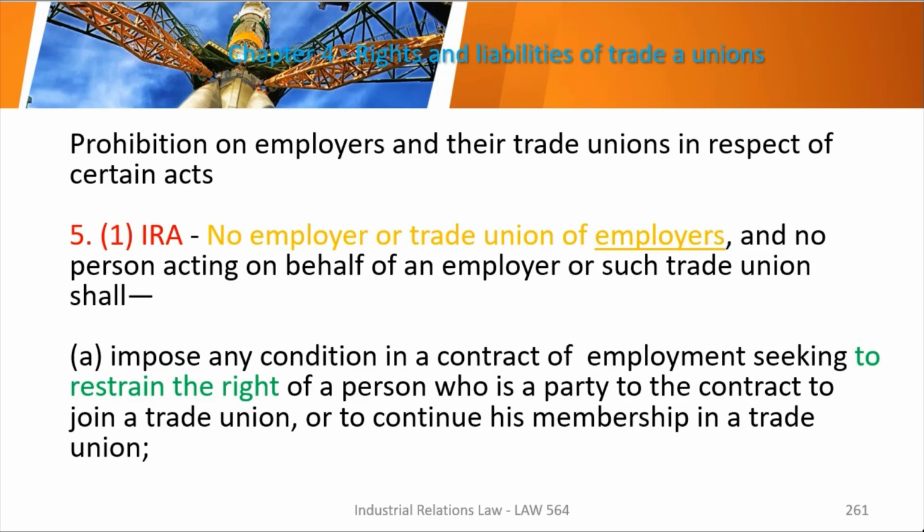Next, we see the provision of employers and their trade unions in respect to certain acts. Section 5, subsection 1, IRA stated that no employer or trade union of employers and no person acting on behalf of the employer or such trade union shall A. Impose any condition in a contract of employment seeking to restrain the right of a person to become a member of a trade union, meaning prior to the engagement of a person, in the contract of service itself, there should not be any statement or any clause that amounts to restraining the employee from becoming a member of a trade union.